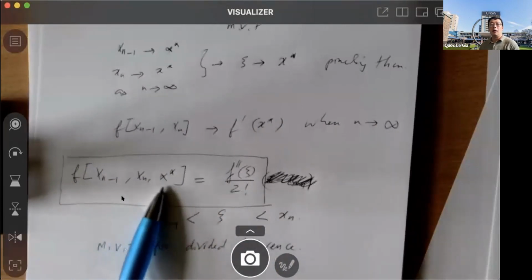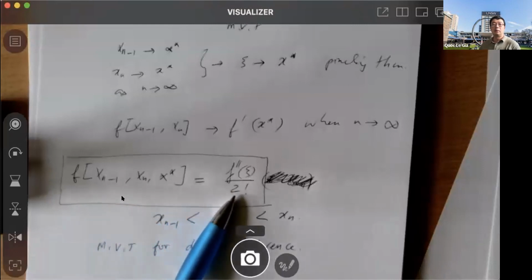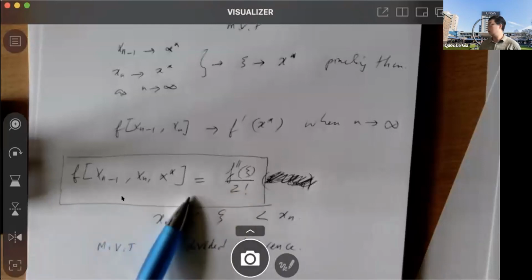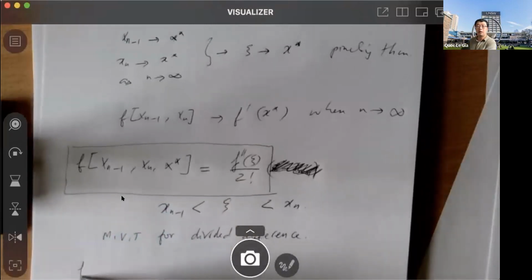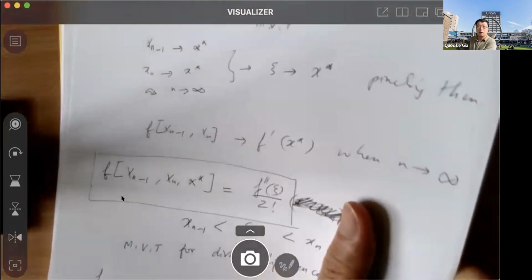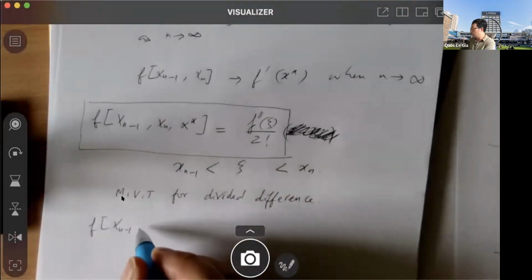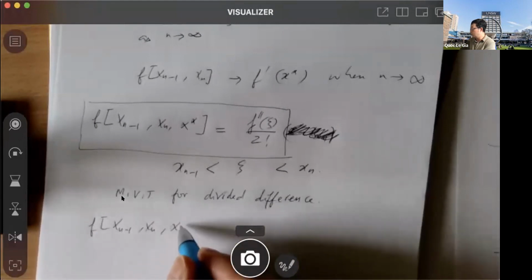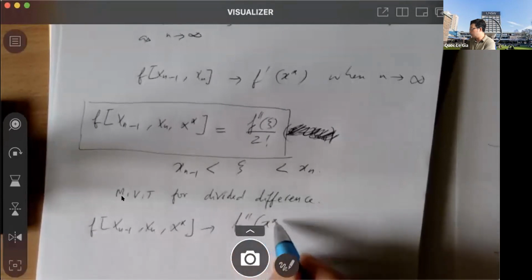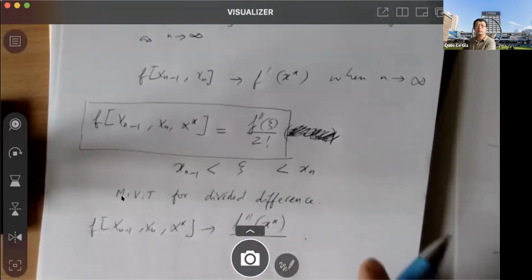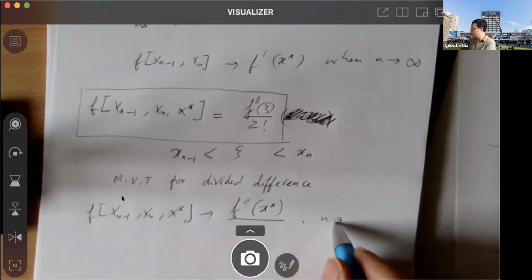And then now when you take n going to infinity and you apply the squeeze theorem again, then this one will go to f double prime of x star divided by 2, as n goes to infinity.